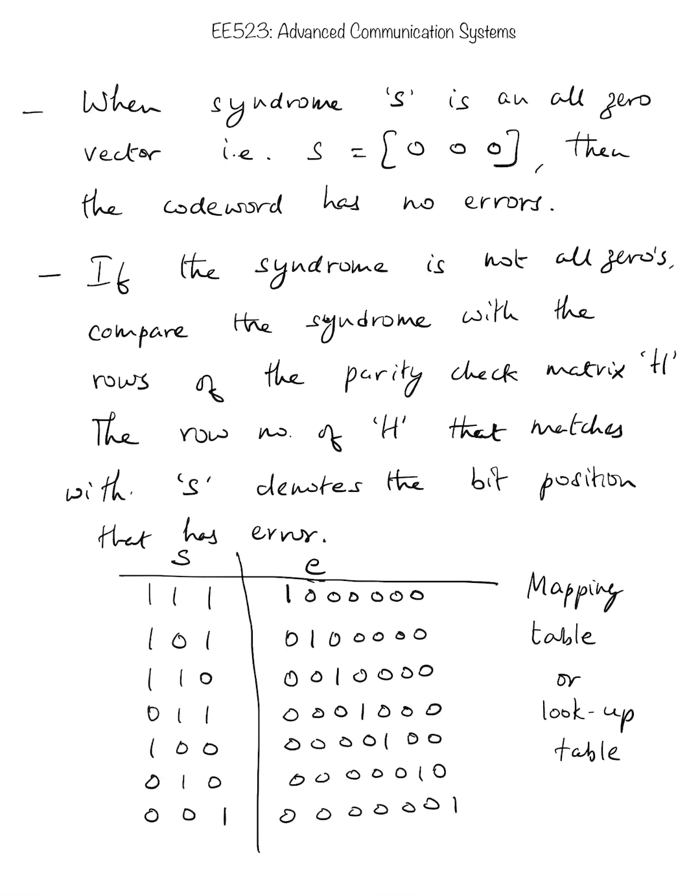So what the decoder will now do is take the received code word and add it with the error vector corresponding to the syndrome. The addition here is again modulo 2, or XOR operation.